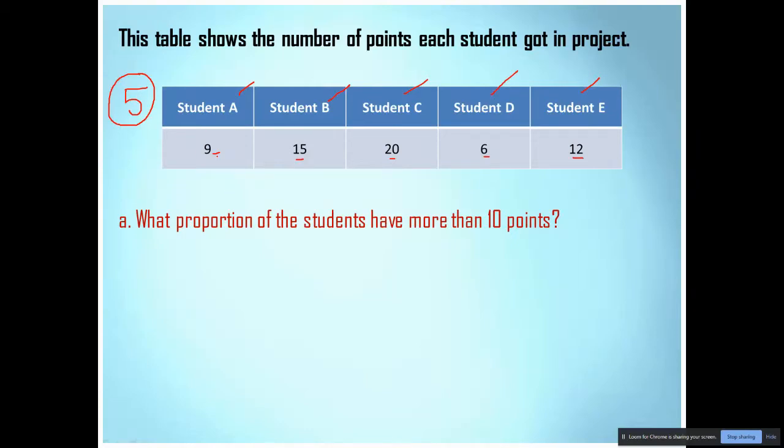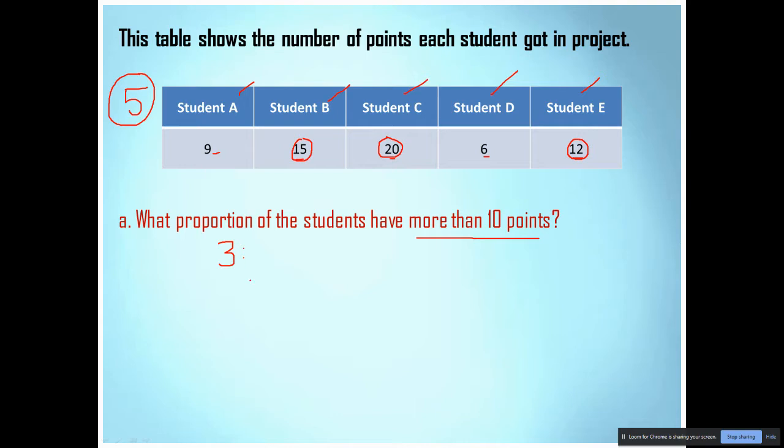When we say proportion, that means a part to whole. 9 is less than 10, so we have here 15, 20, and 12. Okay, so here are the students who got more than 10 points. So how many students? 3 students got more than 10 points.